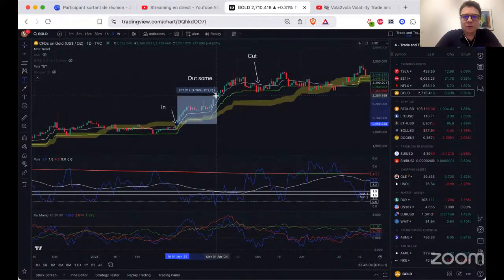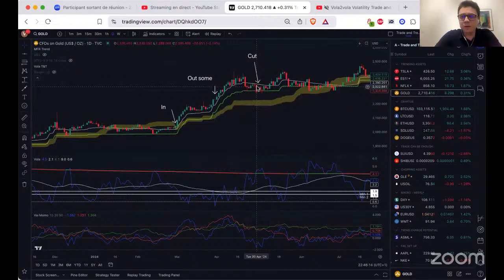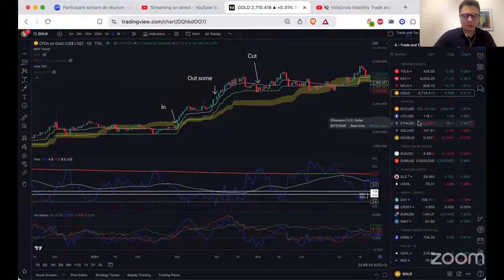Here you have almost a 10% move, and you cut here, you have a 12% move. Again, crazy moves. These are a few tickers that I selected to show you, among many that I monitor, because they can deliver you regular income just by simply playing this setup.